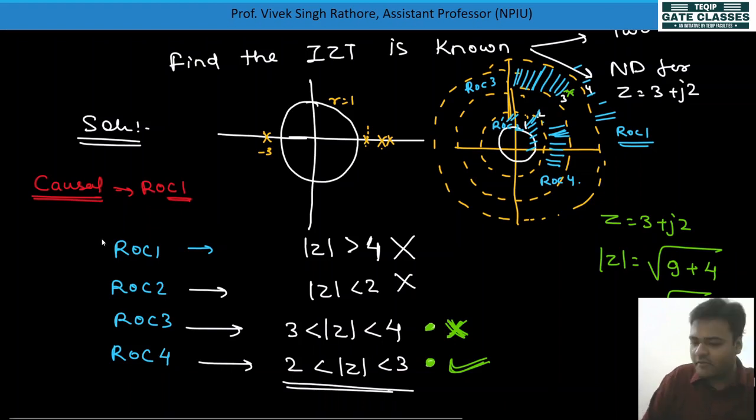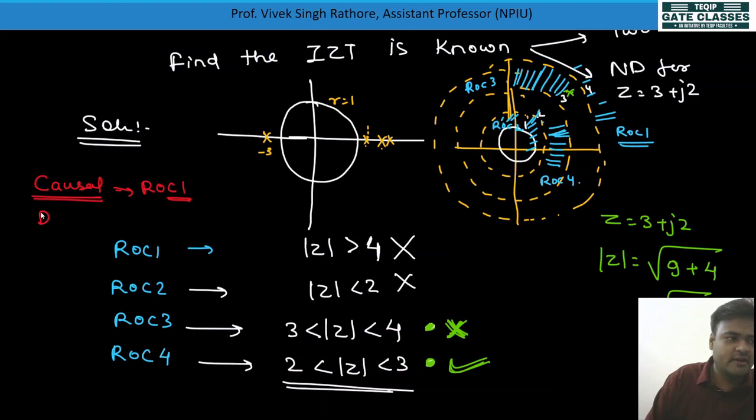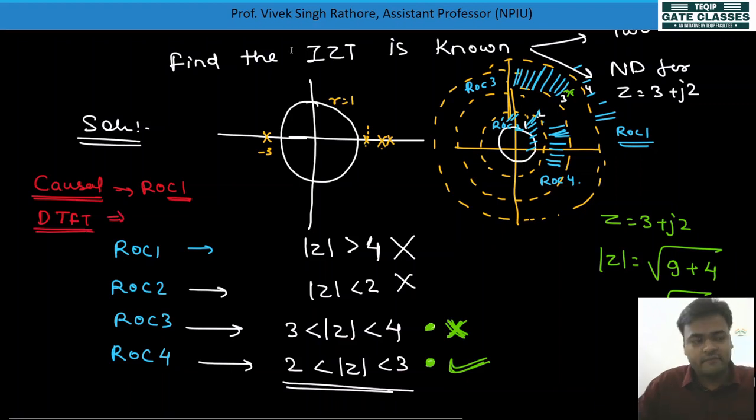Okay, if you have been asked which inverse Z transform will be taken so that the DTFT is defined. DTFT is defined. As you know, the DTFT is defined when the Z transform is taken at r equal to 1, meaning the radius 1 circle.